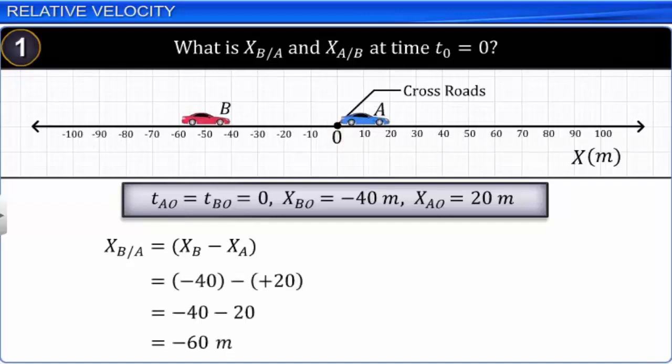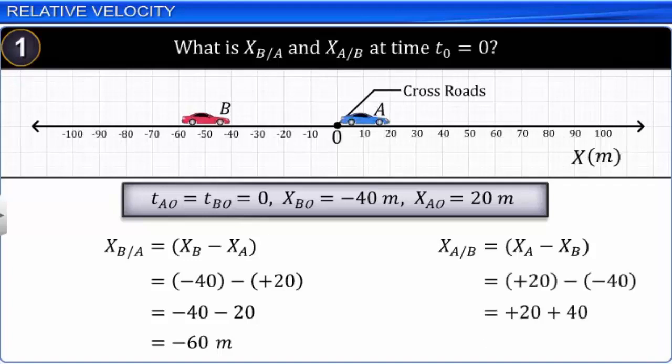Minus sign indicates that the car B is on the left side with respect to A. xa by B is equal to xa minus xb. This is equal to plus 60 meters. Plus sign indicates that the car A is on the right side with respect to B.